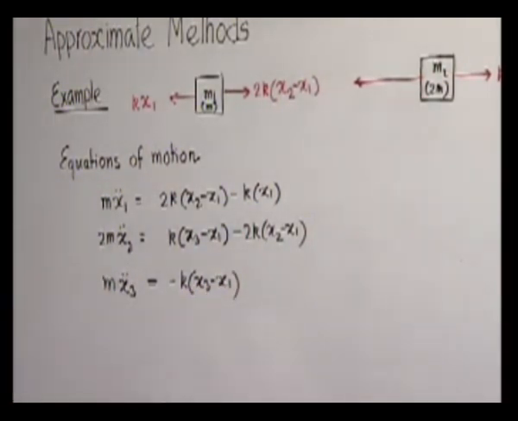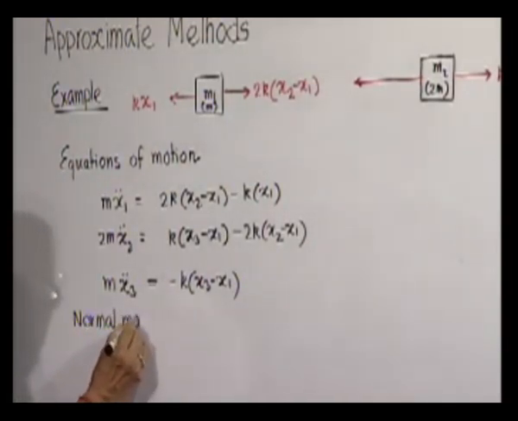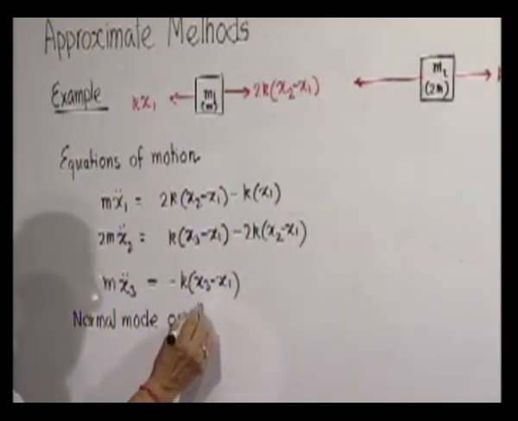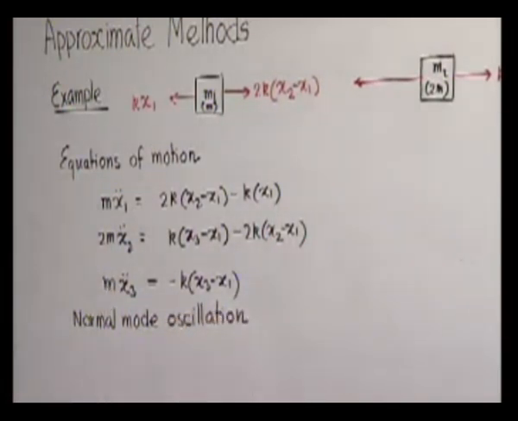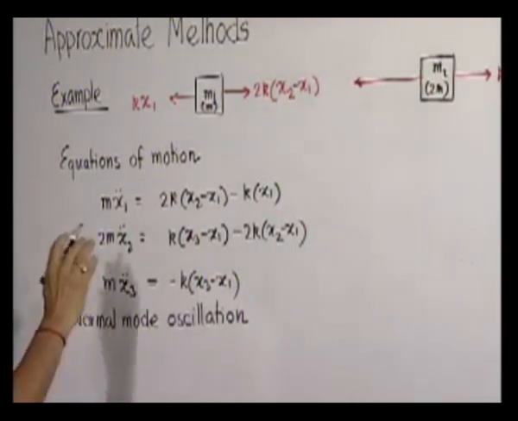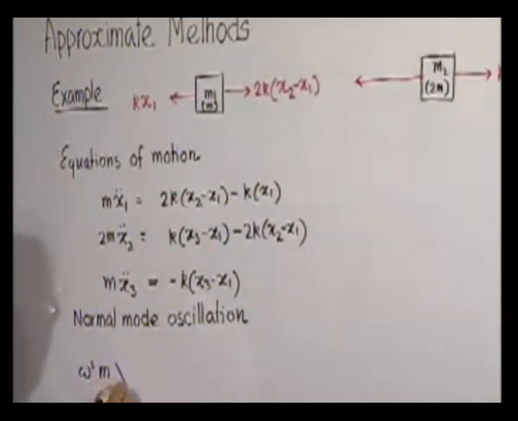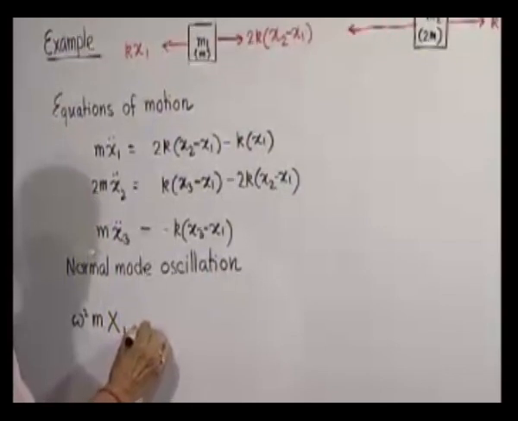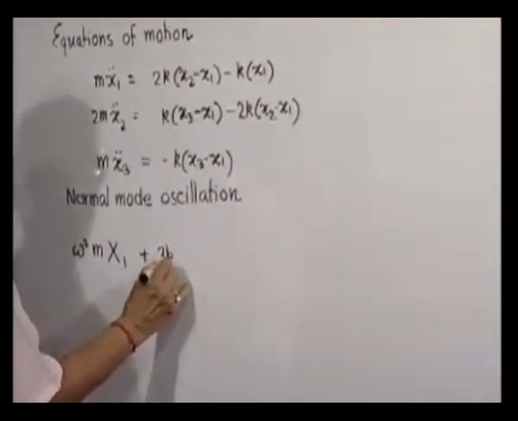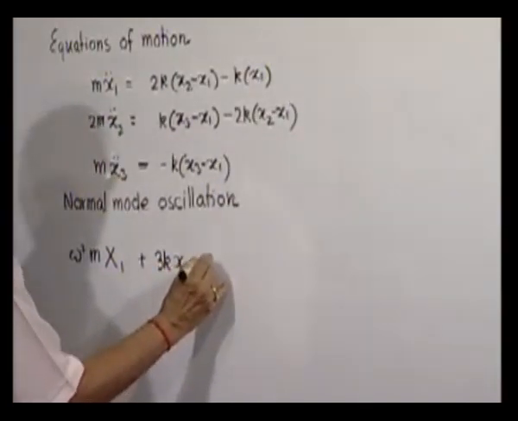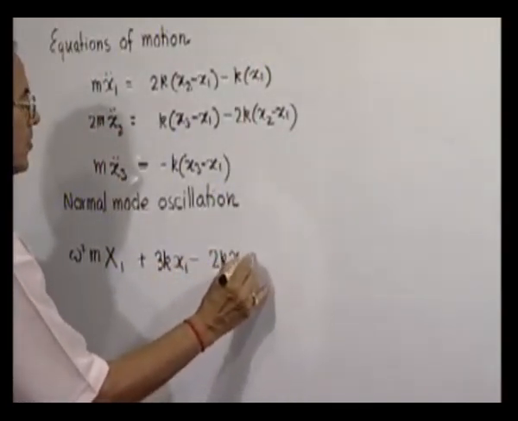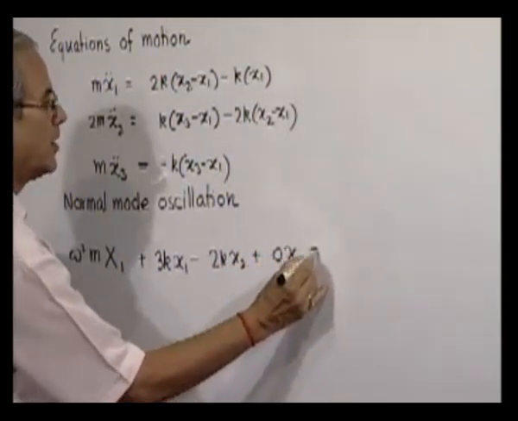So now we rewrite them in a manner, and for normal mode oscillation so that the cosine omega t term will go from every place, and let us rewrite in a manner so that we can have omega square M x1 plus 3k x1 minus 2k x2 plus 0 x3 equals 0.